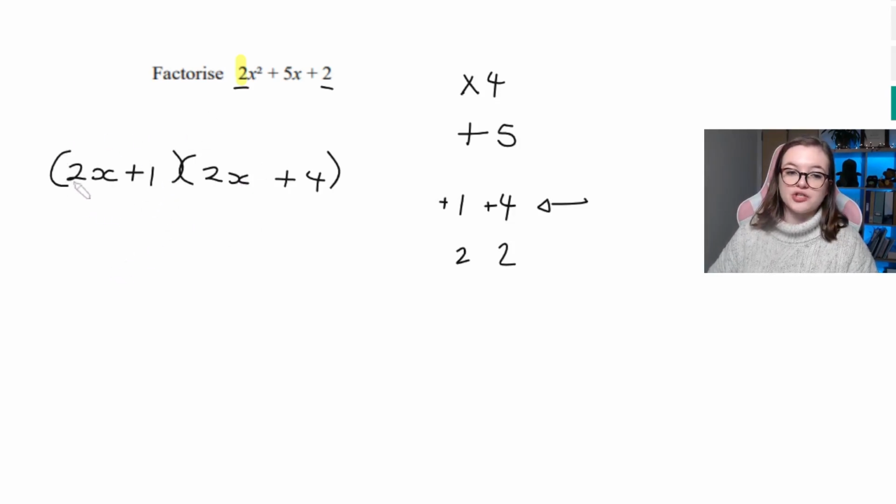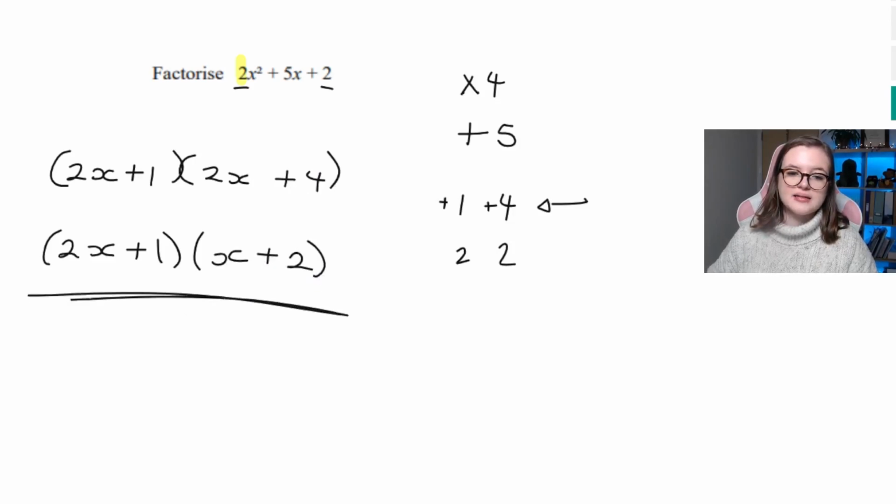This one we can't because 2 and 1 are as simple as they can be. They're both prime, so we're going to leave that as 2x plus 1. But with this one, there's a 2 and there's a 4. So I can divide by 2 in both things in this bracket. So I'm going to just essentially half it to get x plus 2. And that is a factorised grade 7 quadratic.